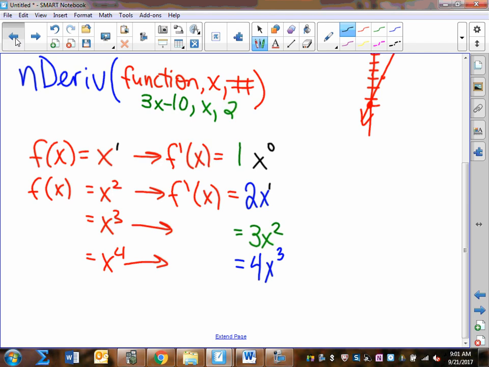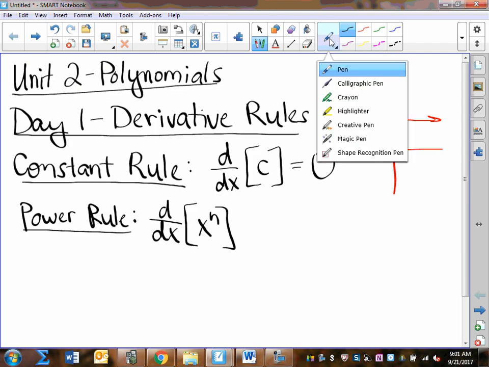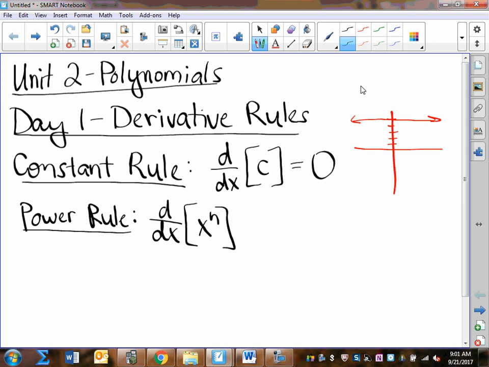So what we have for our power rule is that when I have a function raised to a power, I take that power and drop it down in front, and I take the power and reduce it by 1. So whatever that power is becomes my coefficient in front, and then I reduce the power by 1.